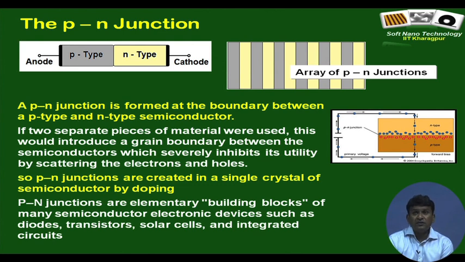So, one of the tricks of enhancing the processor speed, of course, would be to add more and more of these p-n junctions. But as you go on increasing the number of these p-n junctions, your device size and everything goes up, and that is not what you would like to achieve, and that is not where the development is taking place.